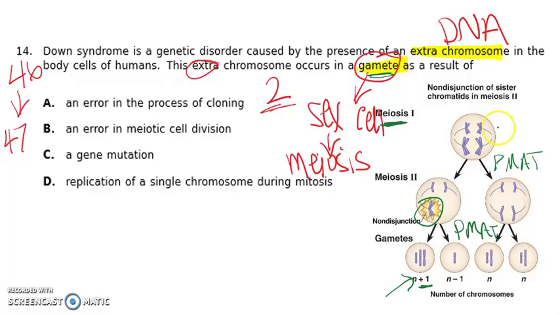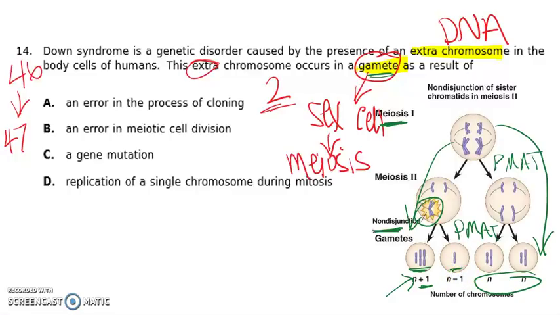What we see over here on the right side is normal. Everything happened the way it was supposed to. And on the left side, we see something went wrong. It's called non-disjunction.